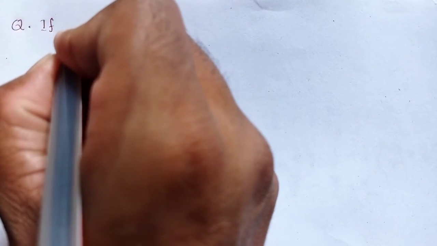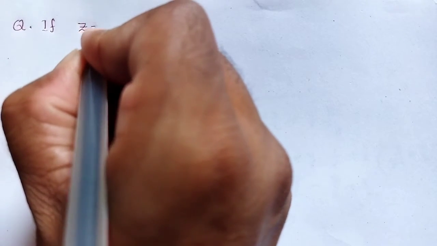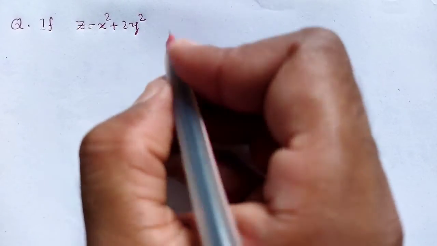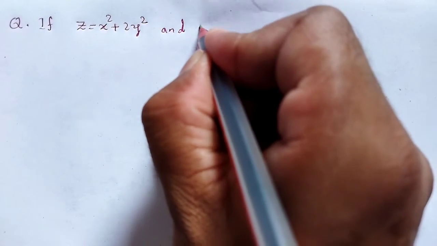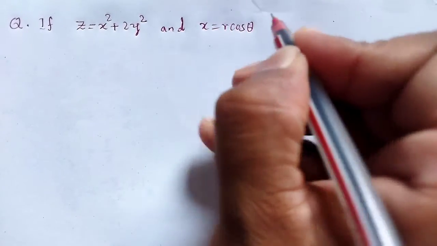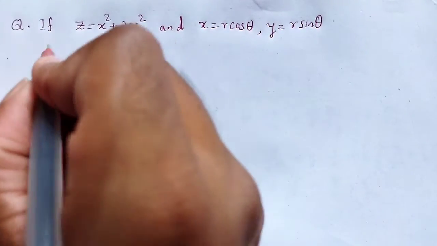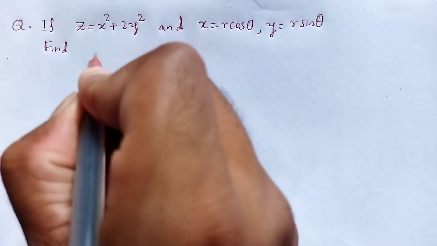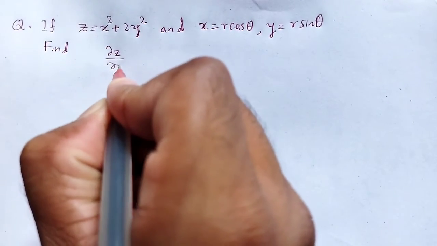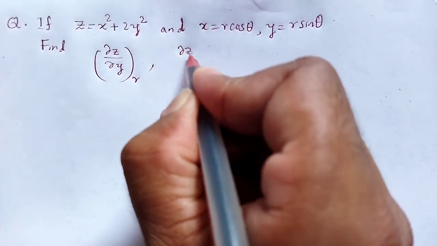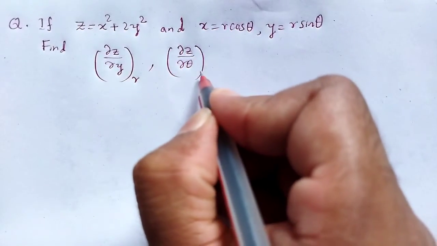If z is equal to x square plus 2y square, and x is equal to r cos theta, y is equal to r sin theta, then find del z by del y, whereas r is constant, and del z by del theta, whereas x is constant.